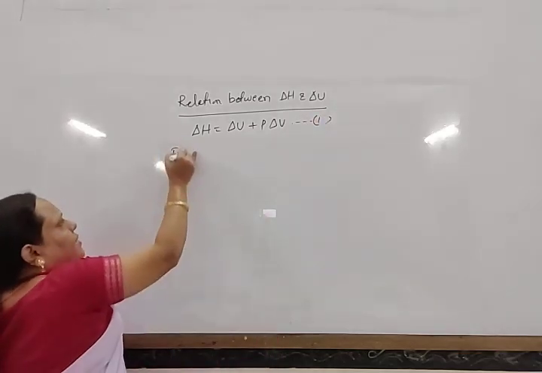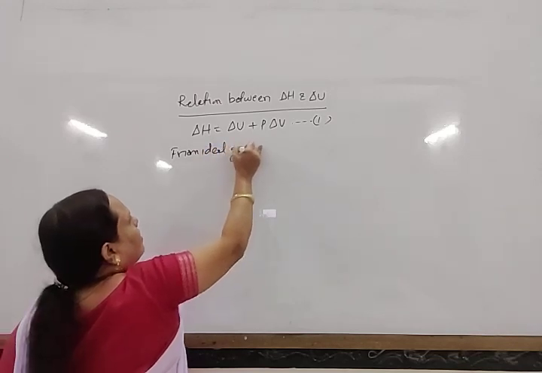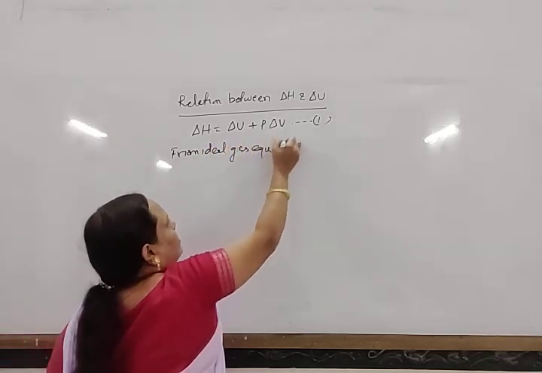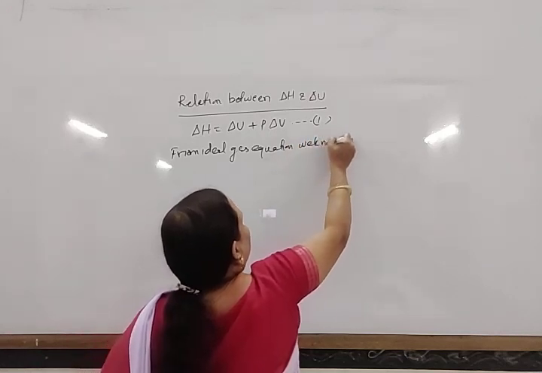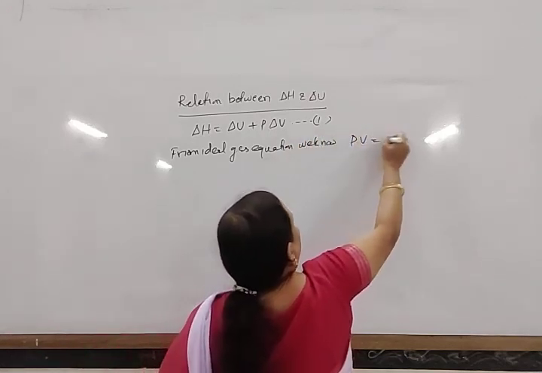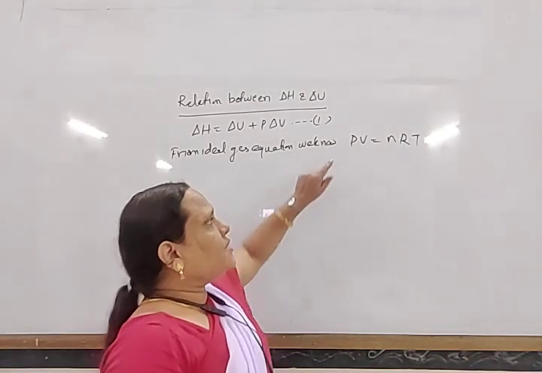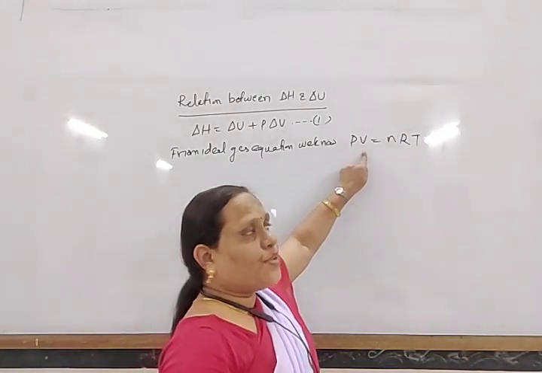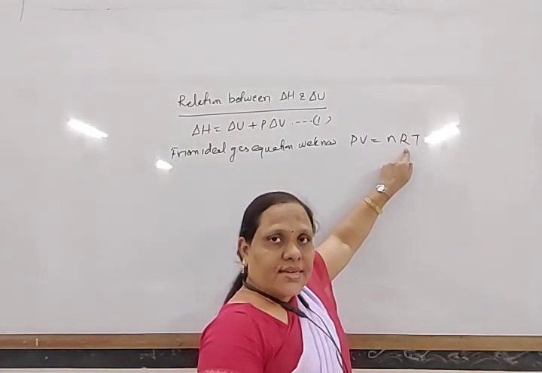From the ideal gas equation, we know PV is equal to nRT, where P is the pressure, V is the volume, n is the number of moles, R is the universal gas constant, and T is temperature.